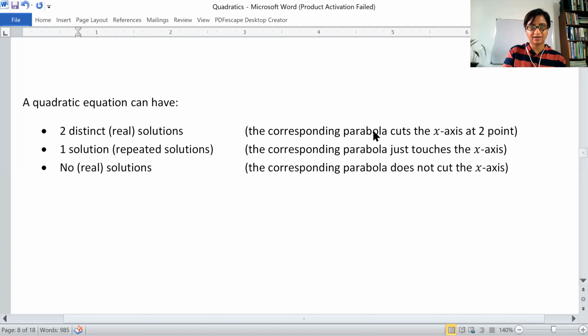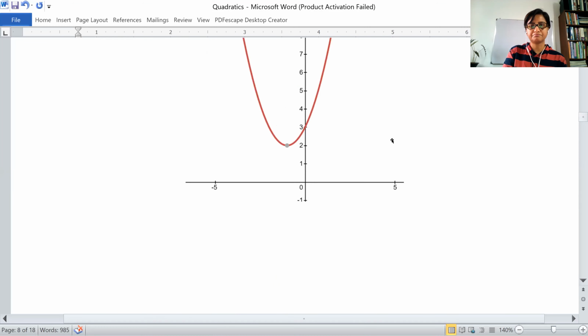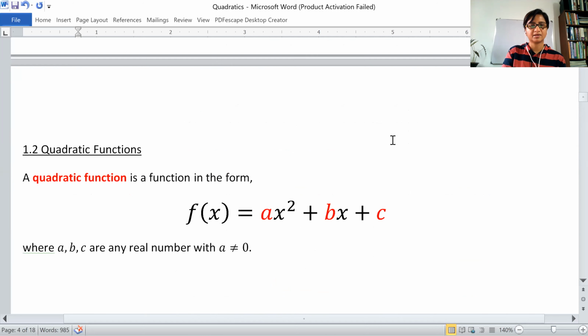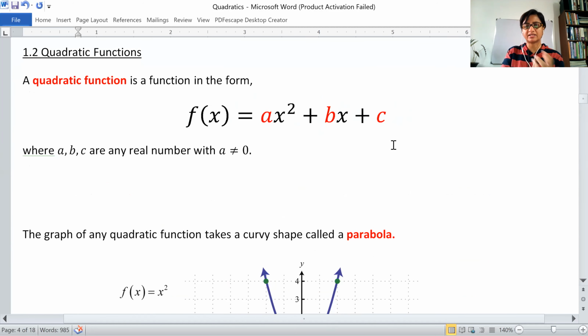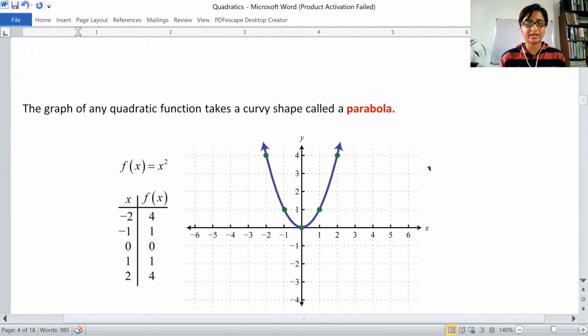If I go back, if I show you quadratic functions, you know that any quadratic function in the form y or f of x is equal to ax squared plus bx plus c, when you graph that function, looks like this.